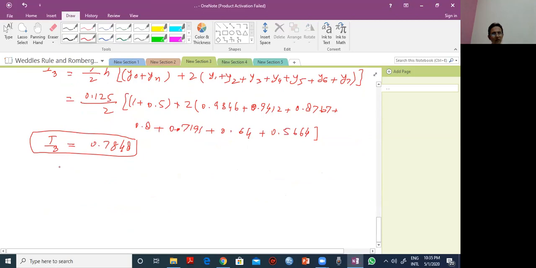Now student, after finding all these three integral values when we apply the different intervals, I1, I2, I3, we now apply Romberg's integration method.